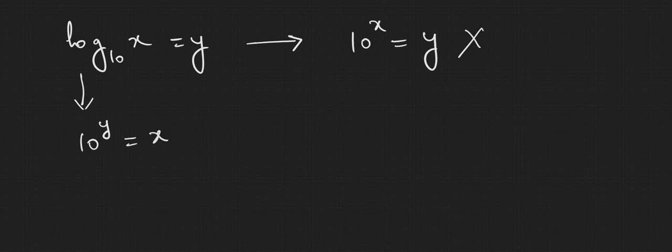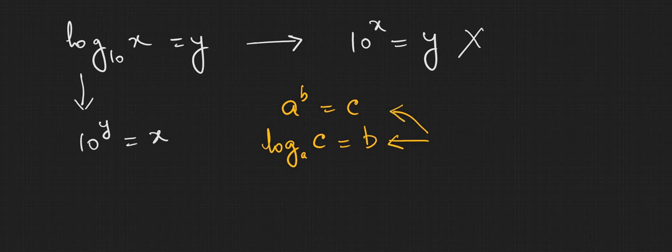Because we know if a to the power b is equal to c, then log c base a equals b, or if log c base a equals b, then we can write this as a to the power b equals c.